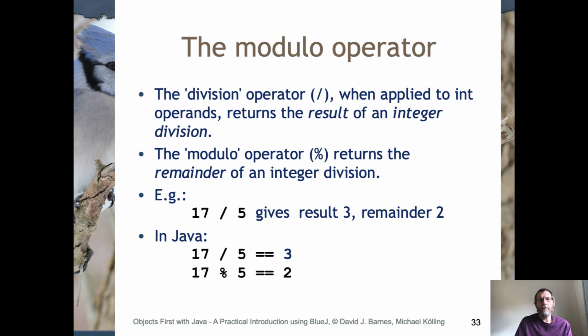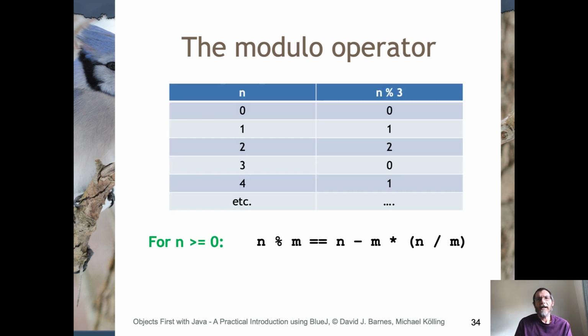So let's look at modulo with an extended example. Suppose we look at various values of n modulo 3. 0 modulo 3 is 0, because 0 doesn't divide any whole number of times by 3, and the 0 is left over.